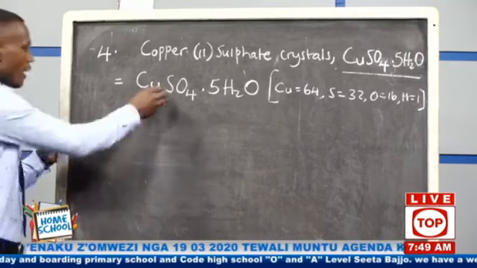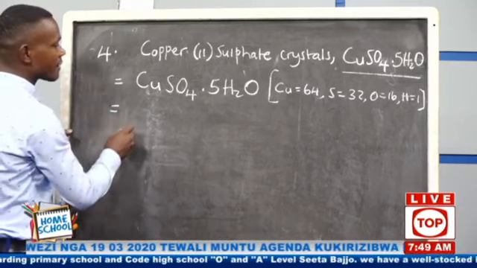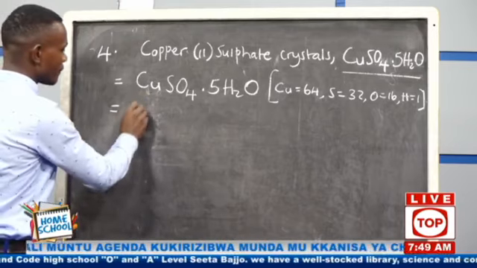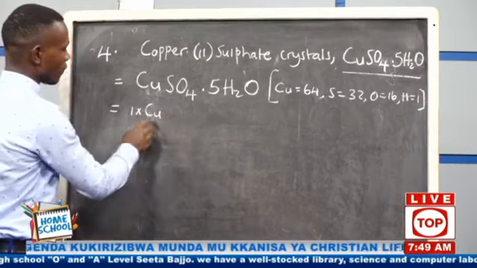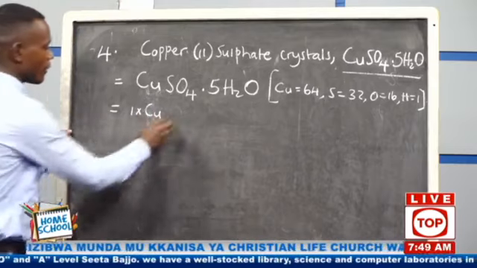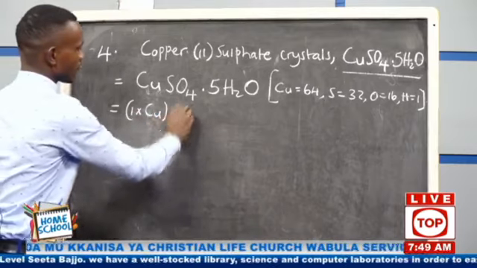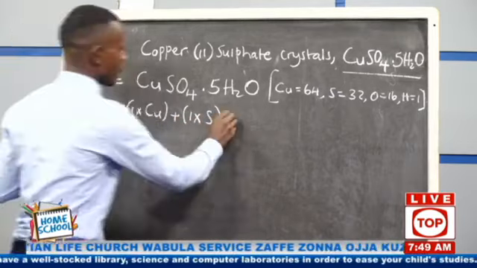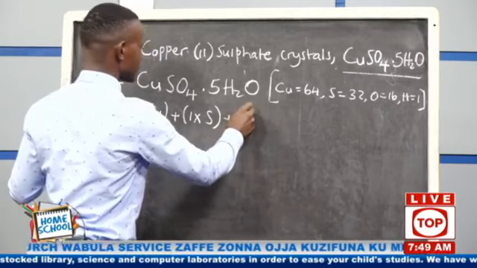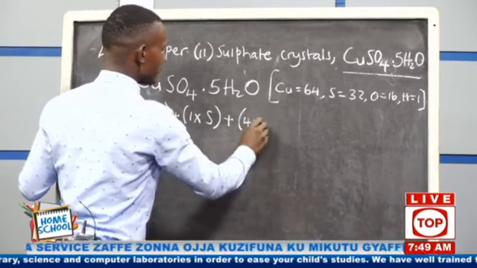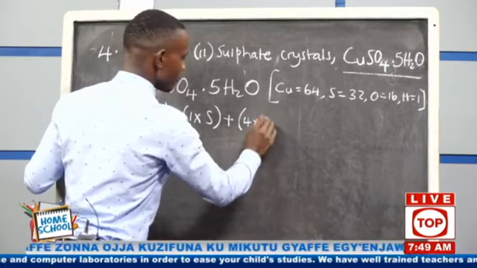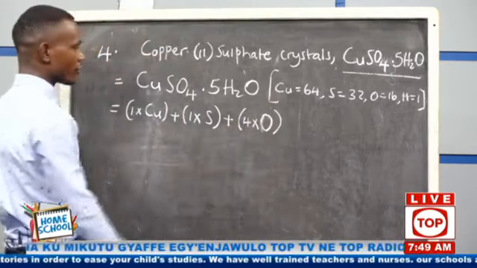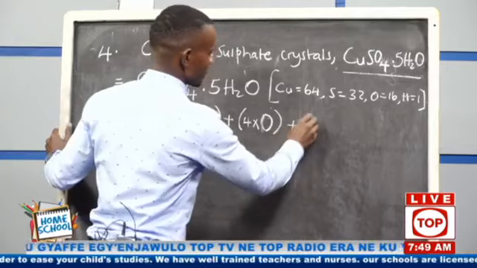Having got that, you come here and say, how many atoms of copper do I have? It is 1 times 1 atom of copper, plus 1 times 1 atom of sulfur, plus 4 times oxygen. That means you have 4 atoms of oxygen, plus 5.